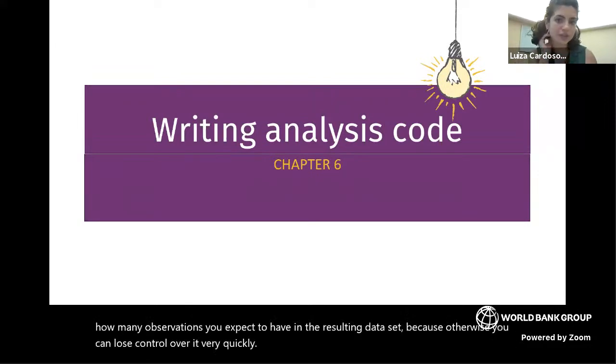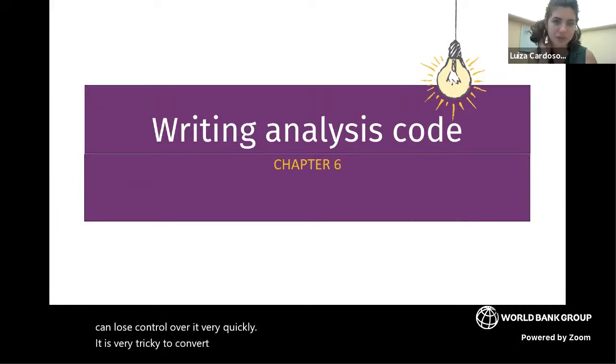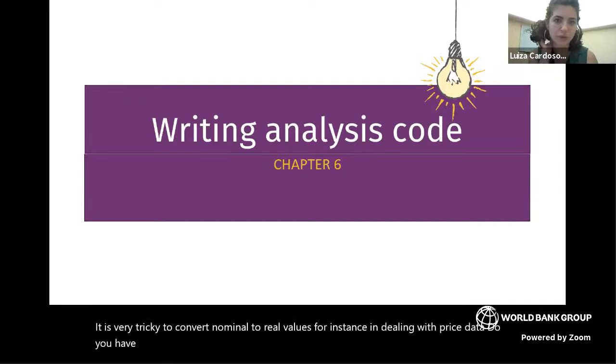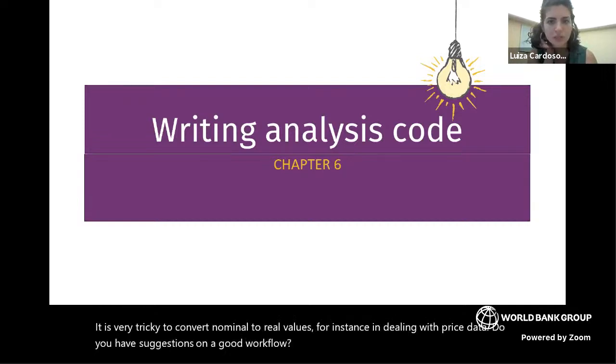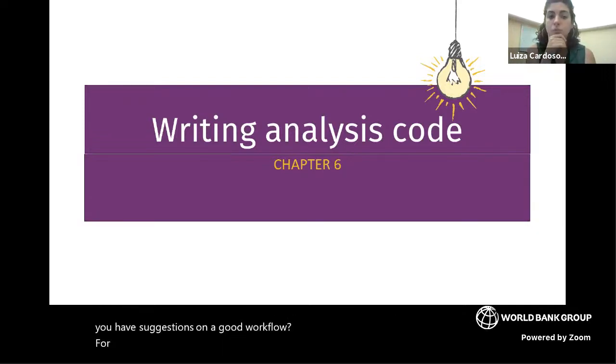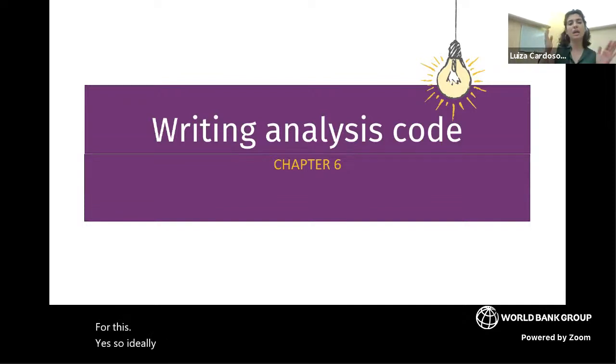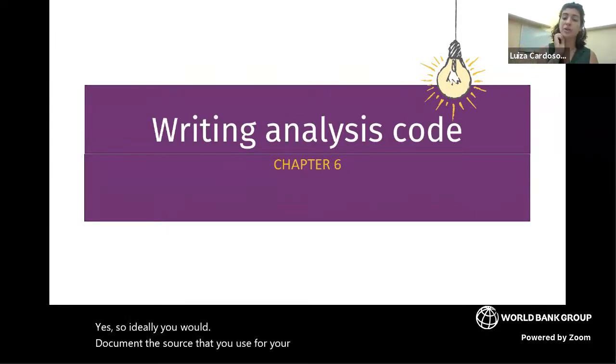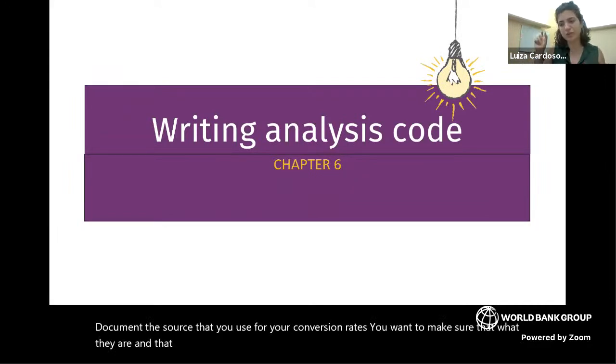It is very tricky to convert nominal to real values, for instance, in dealing with price data. Do you have suggestions on a good workflow for this? Yes, so ideally you would document the source that you use for your conversion rates. You want to make sure that you know what they are and that you note when you got these values.